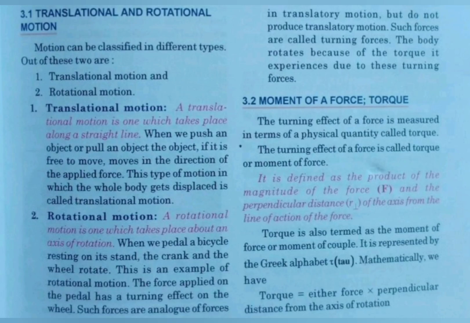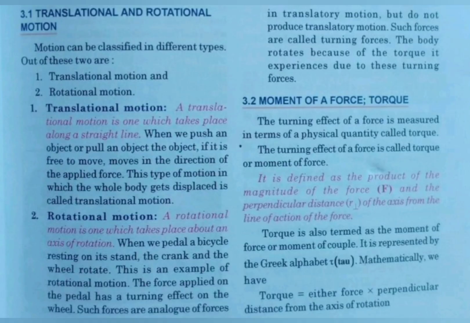3.2. Moment of a force, torque. The turning effect of a force is measured in terms of a physical quantity called torque. Definition: The turning effect of a force is called torque, or moment of force. It is defined as the product of the magnitude of the force, F, and the perpendicular distance of the axis from the line of action of the force.